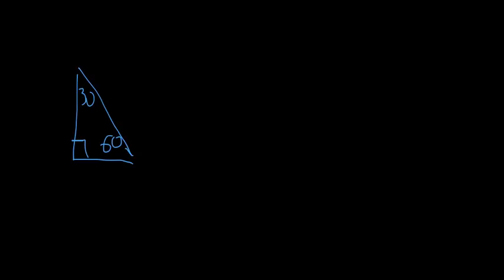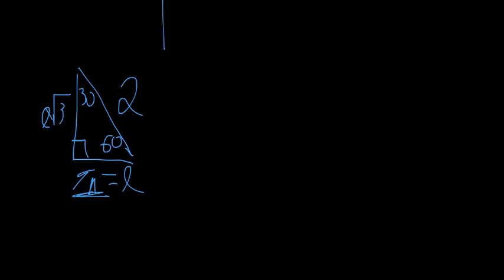So this would be a unit of 1, and then your hypotenuse would be a unit of 2, and then your other leg would be the square root of 3.